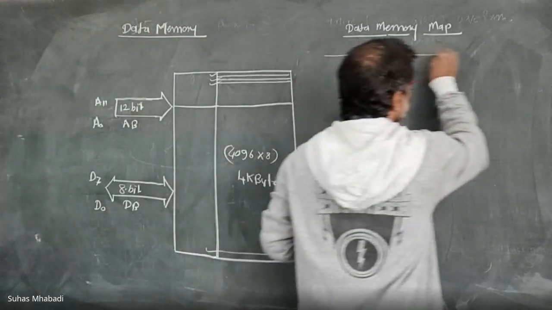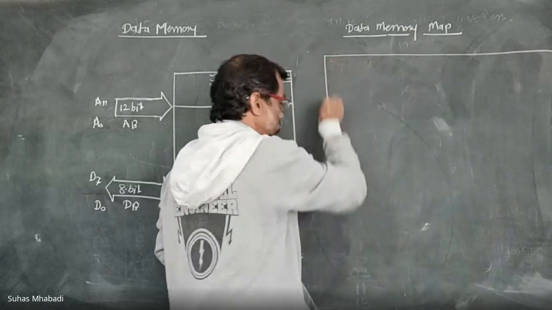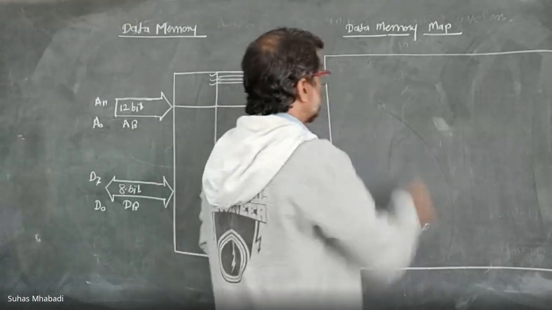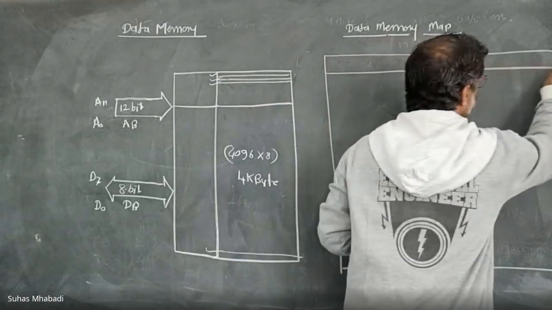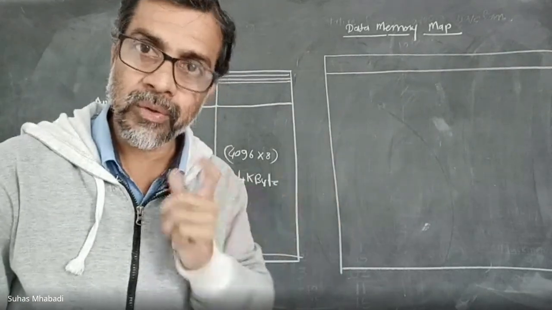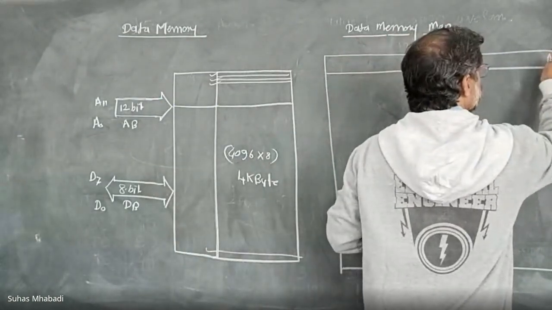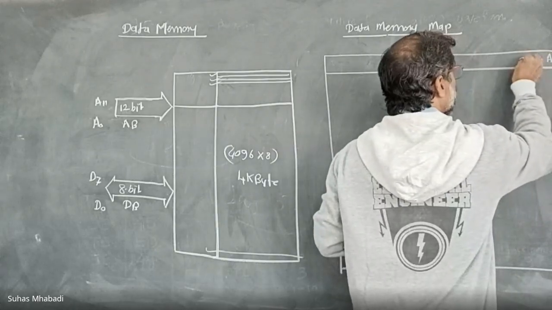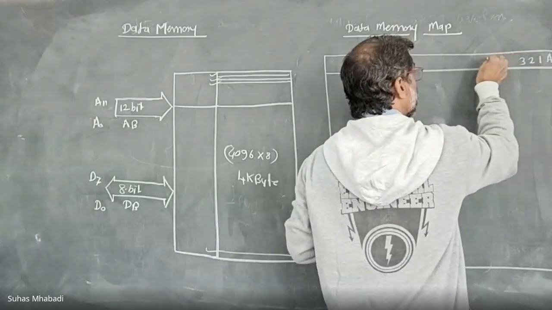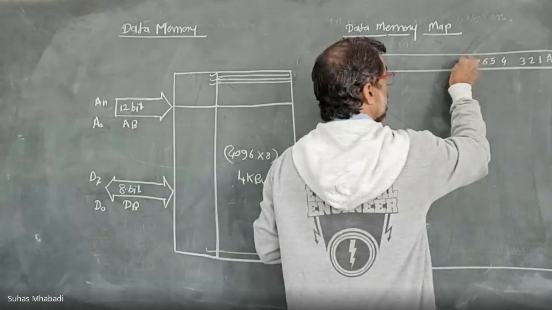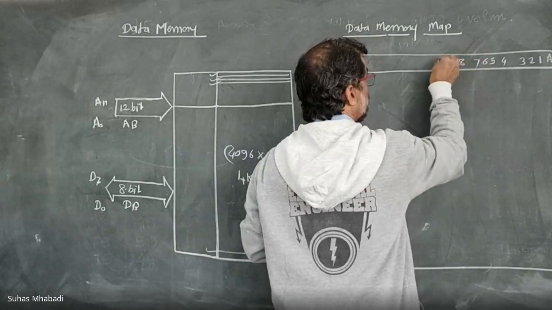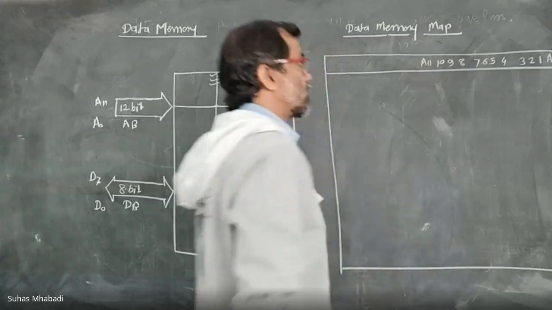Let me draw at that side. First of all, I will be drawing the address bus starting from A0 to A11. This is A0, A1, A2, A3, then A4, A5, A6, A7, A8, A9, A10, and the last will be A11.